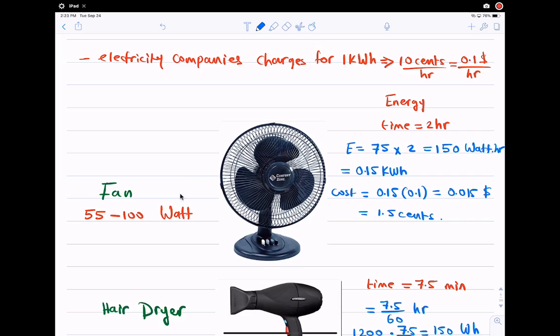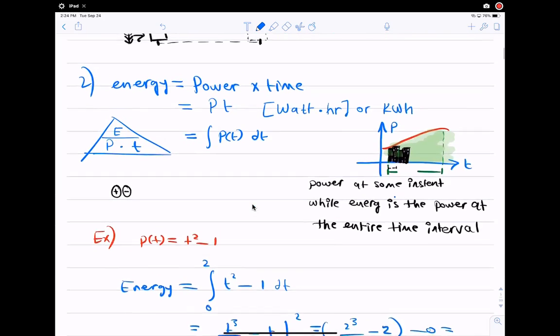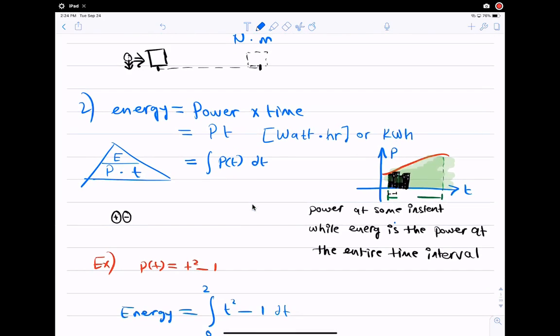So the time would affect the energy, but the power is at each instant, at each minute, at each second, how much this machine uses. So this is the power. Okay, now last but not least, if we take this sketch, this is the sketch between power and time.